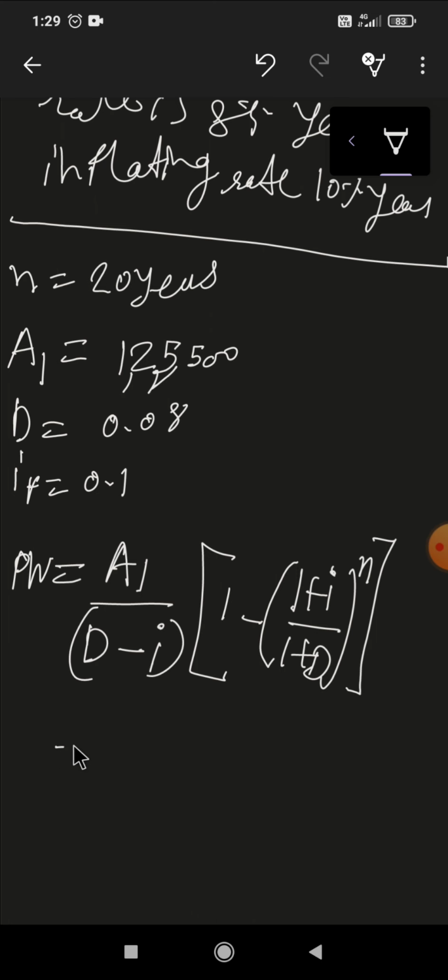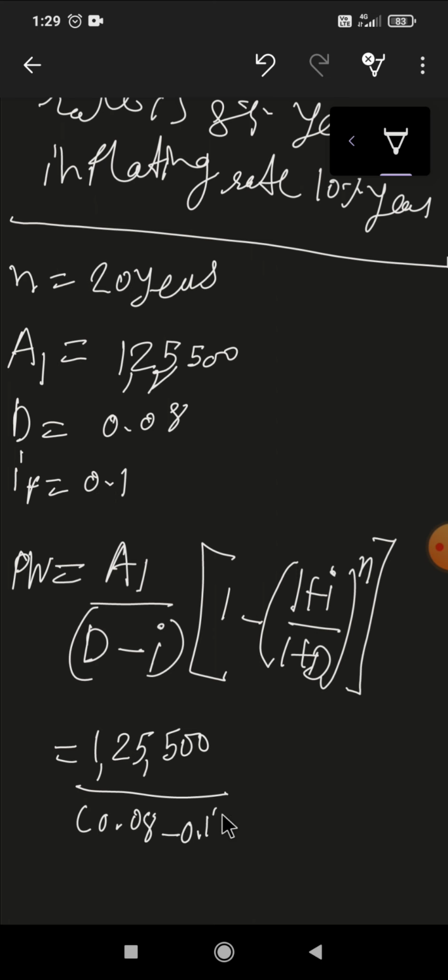So what is E1? E1 is 1,25,500 divided by D minus I, that is 0.08 minus 0.1, into the bracket 1 minus (1 plus 0.1 divided by 1 plus 0.08) raised to N, which is 20.